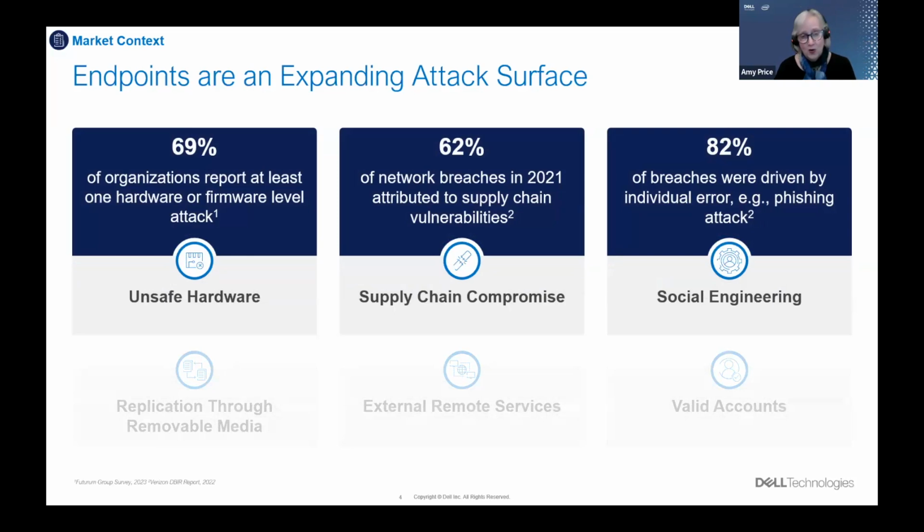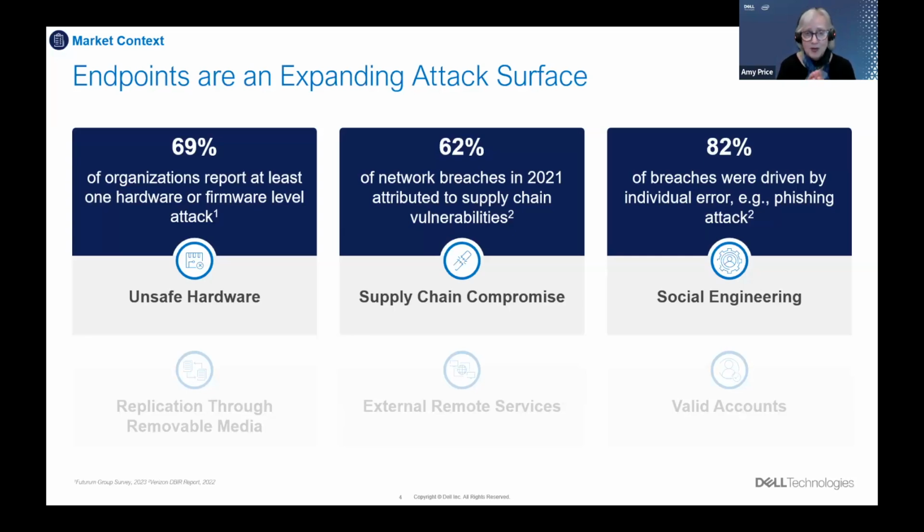So that's unsafe hardware. A second big vector for attack is supply chain compromise. 62% of network breaches in 2021 were attributed to supply chain vulnerabilities. What is that? It could be anything from somebody getting a hold of a device before it's delivered and inserting something into the BIOS or elsewhere, to a line of code that somebody puts in and rests there.